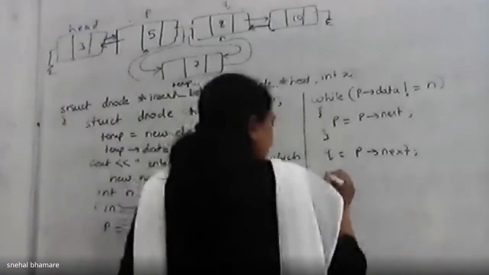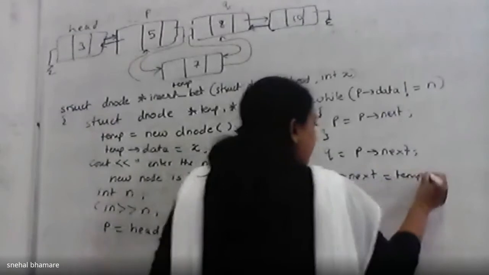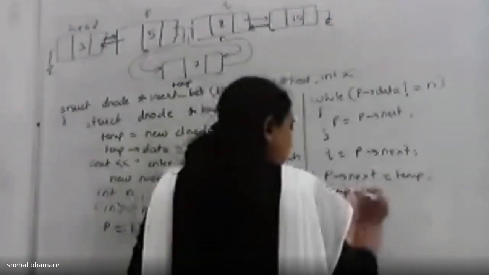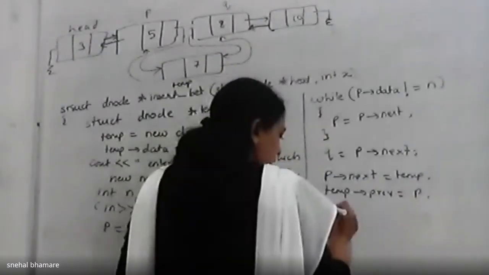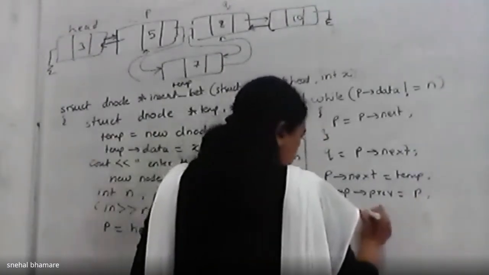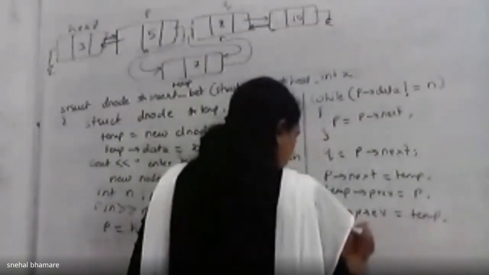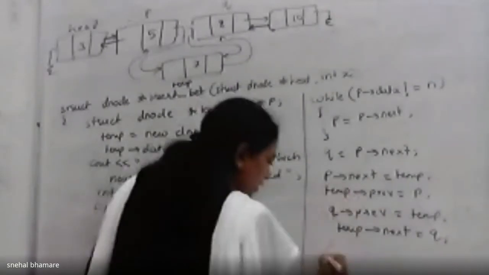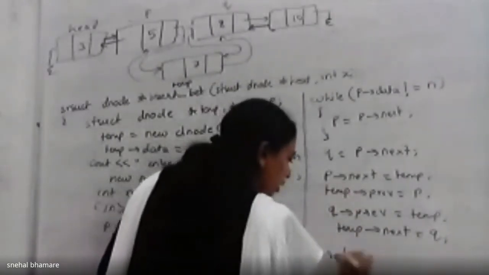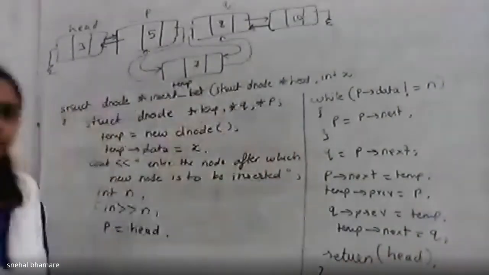So links will be given as p next is equals to temp, temp previous is equals to p, q previous is equals to temp, temp next is equals to q. And after this, return head to the calling function and terminate the program.